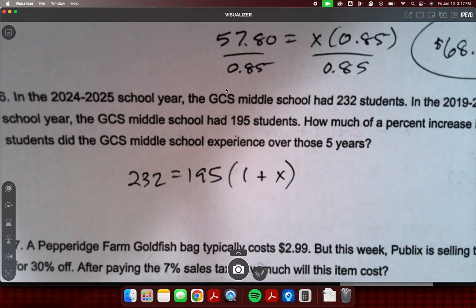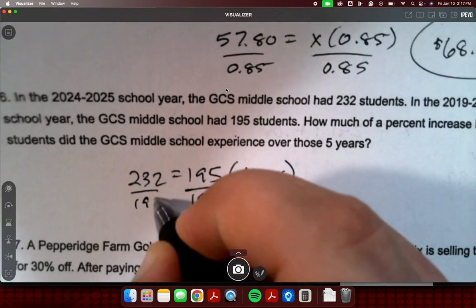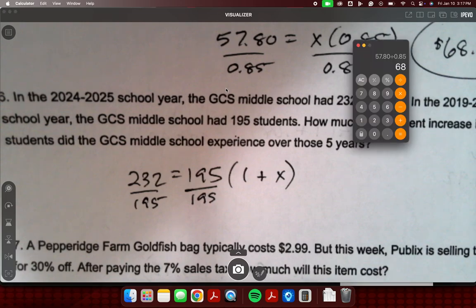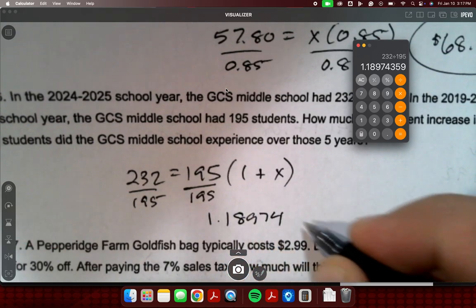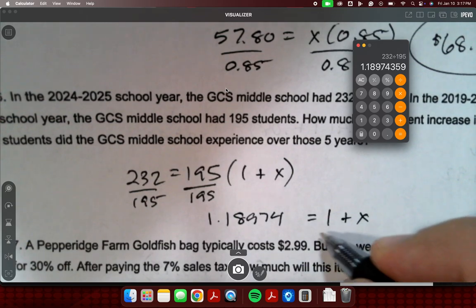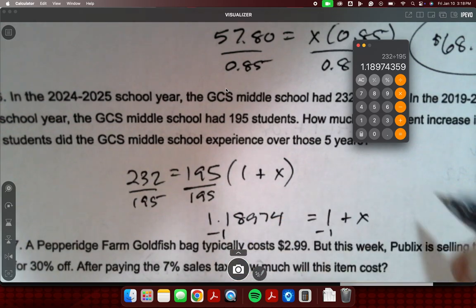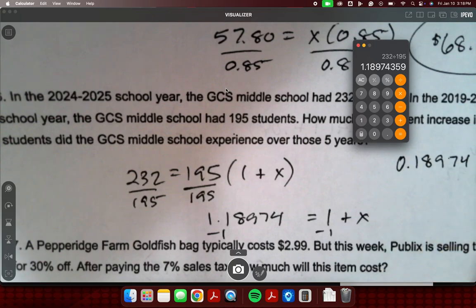So we'll start by dividing both sides by 195. We get 1.18974 is equal to 1 plus x. Then we subtract 1 from both sides, and we get 0.18974 equals x.